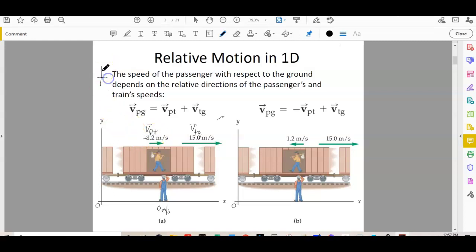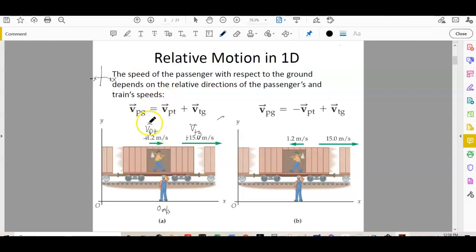Again, to the right is positive x, to the left is negative x. They're walking to the right at positive 1.2 meters per second, and the train is moving at 15 meters per second. From the person who is standing still, this person is not just moving at 1.2 meters per second; they're moving at 1.2 meters per second in reference to the train.